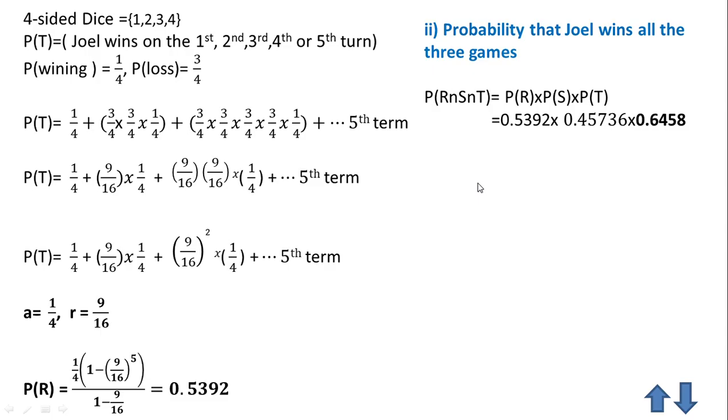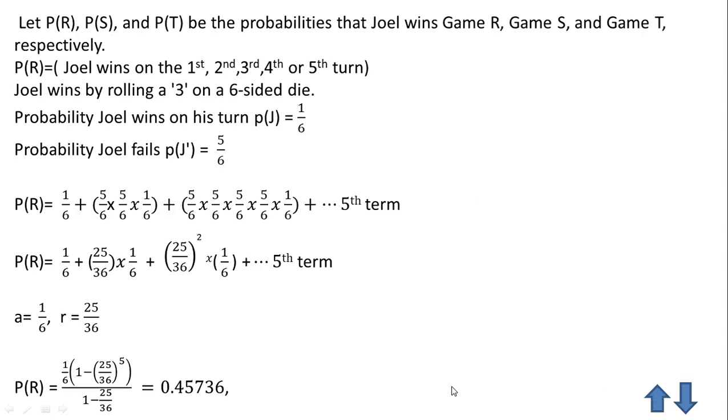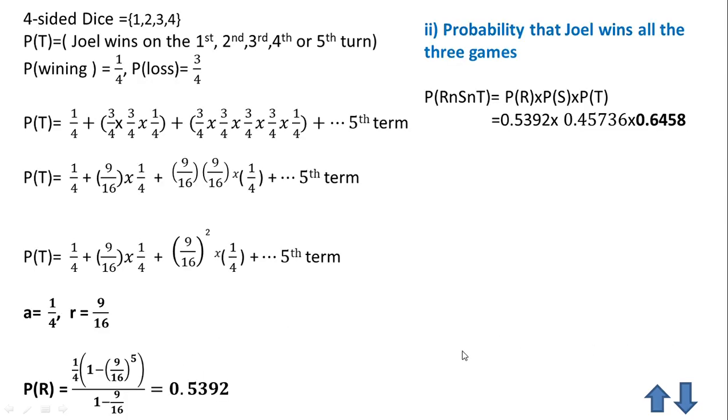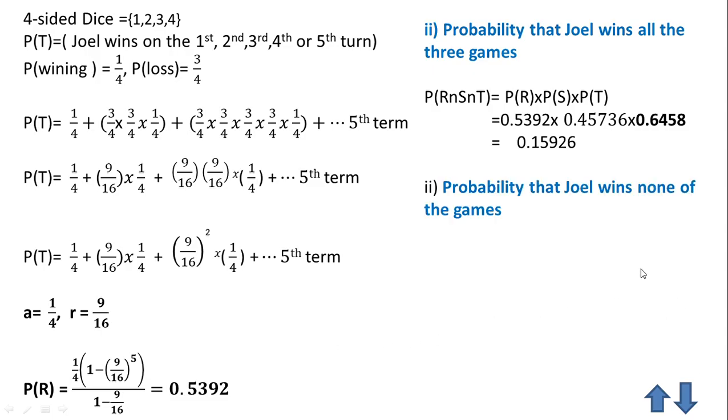So we multiply the individual probabilities, starting with game R. Then there is game S. And the probability of game T. So we multiply the probabilities and we have something of that kind, 0.15926.